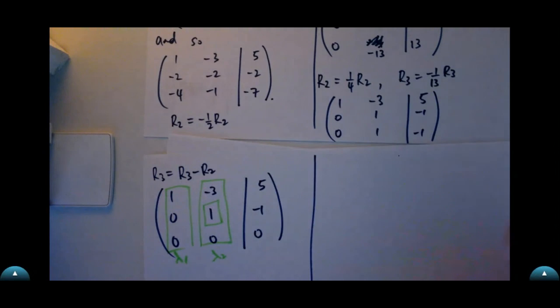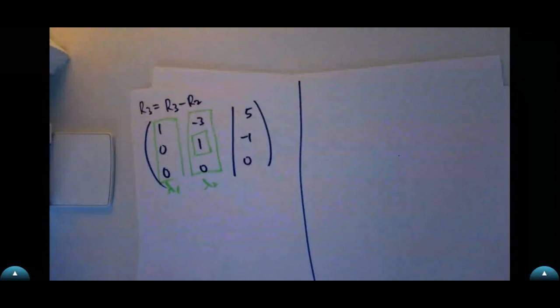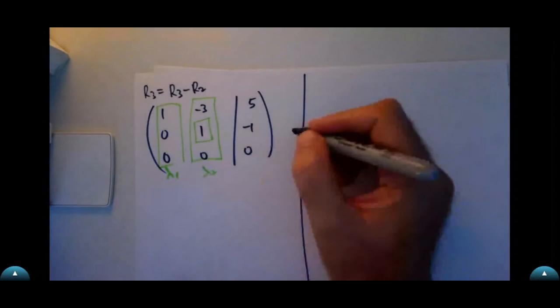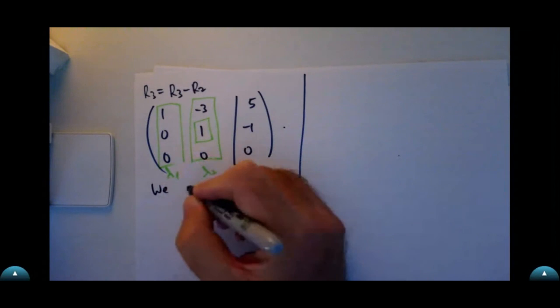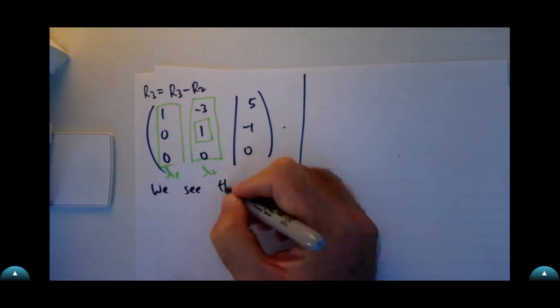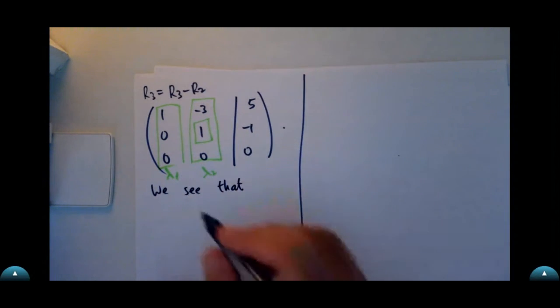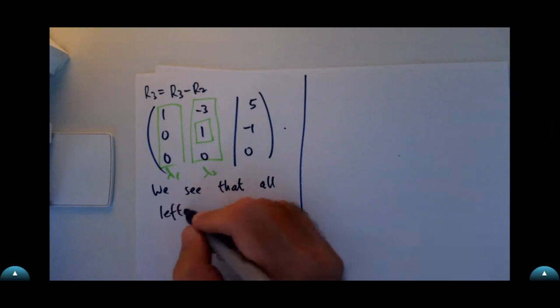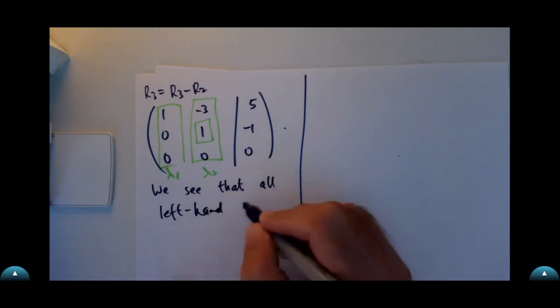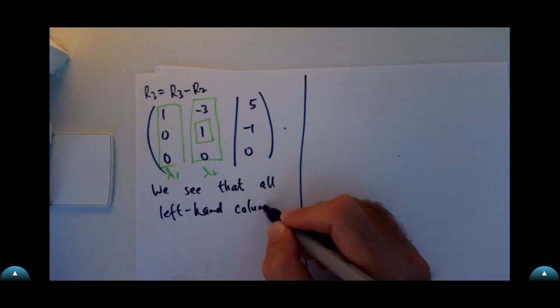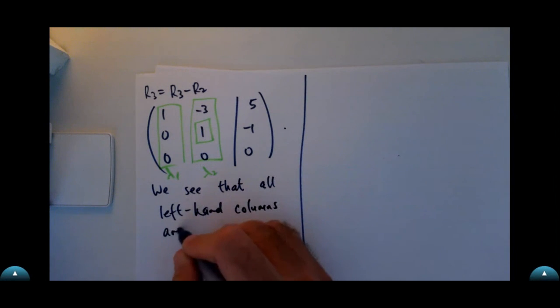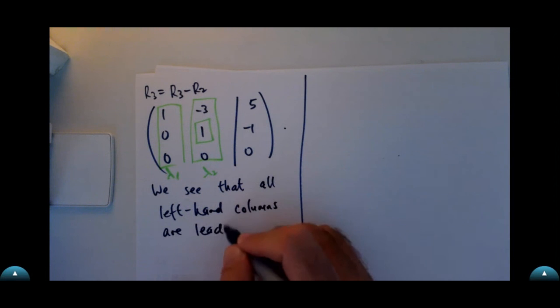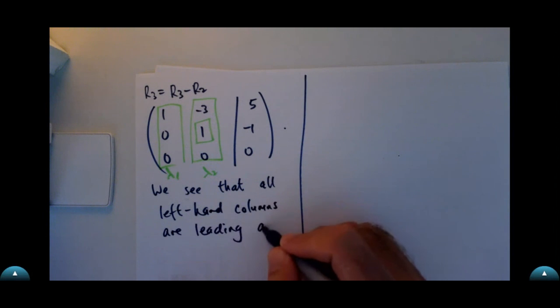So the system must have a unique solution. So all the left-hand columns are leading. They're called leading columns.